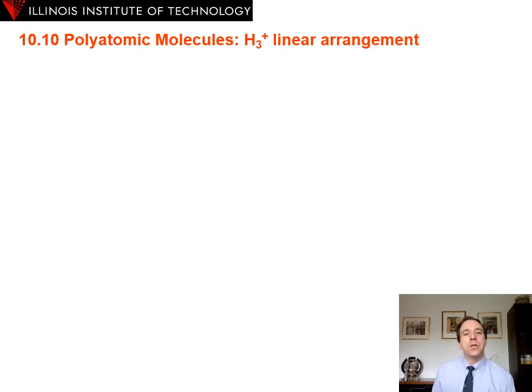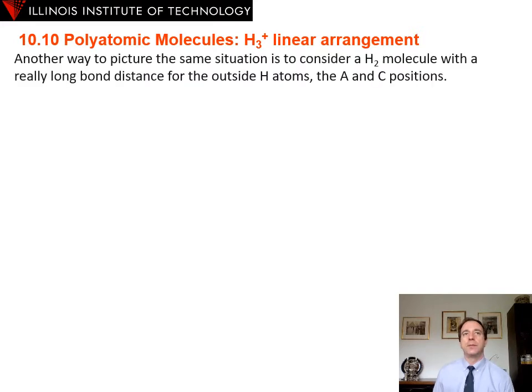Okay, so we're going to continue with this analysis of the linear arrangement of this molecule. But I want to think about this in another way. We're going to picture the same situation, but instead of thinking about how all three orbitals are going to overlap with each other in those three different ways, I want to think about it sort of part by part, and maybe we'll get a better understanding of what's happening.